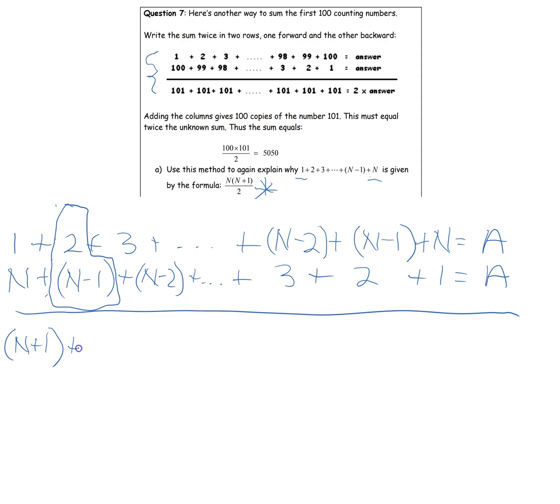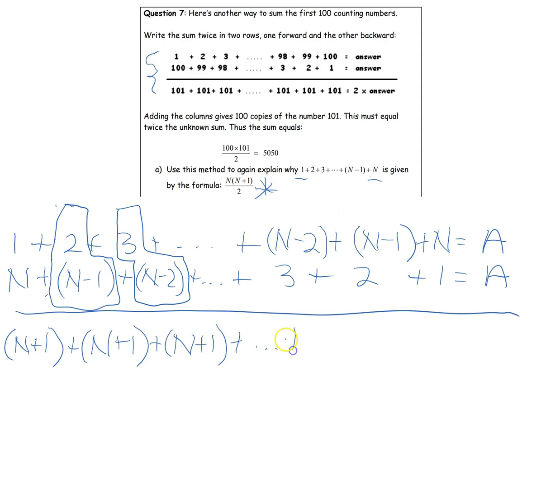So in the end, we're going to get n plus 1 again. You can see here, if we add 3 and n minus 2, we're subtracting 2, but this time we're adding 3. So that gives us n plus 1 again.